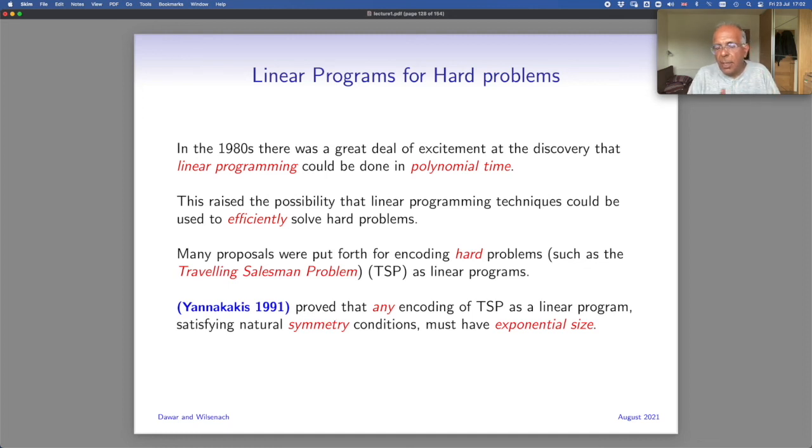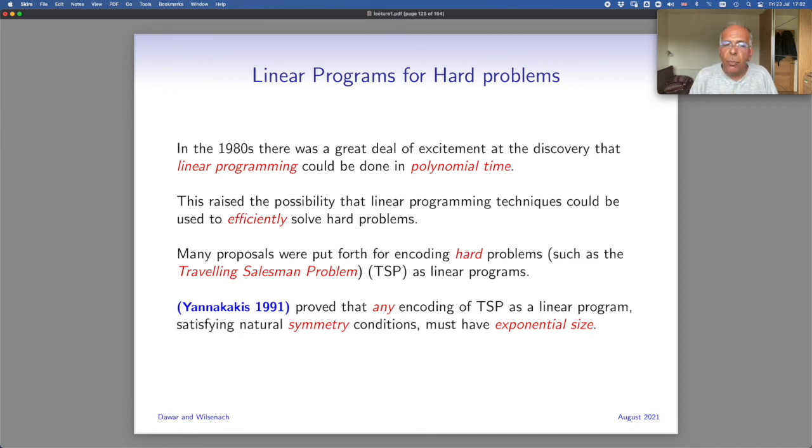But I just wanted to point out this was an entirely independently arising notion of symmetry in the encoding of problems, which turns out to have a relationship to the other notions of symmetry we're considering.